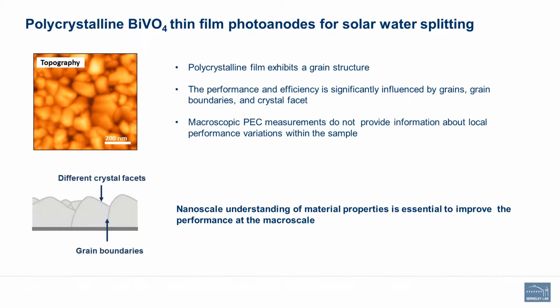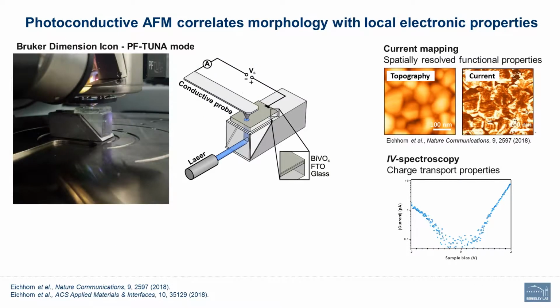One powerful tool in this context is photoconductive AFM, which enables us to identify variations at the nanoscale. We specifically used the Bruker Dimension Icon, and we realized photoconductive AFM there by leveraging the open design of this instrument. We implemented a home-built backside illumination setup.